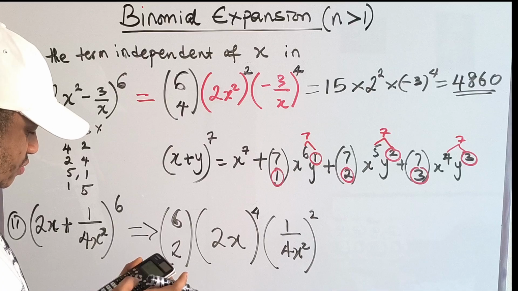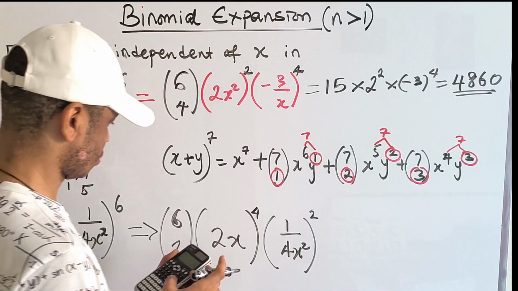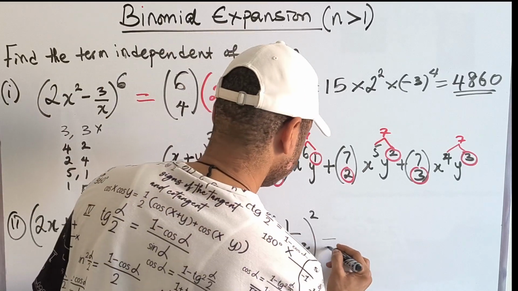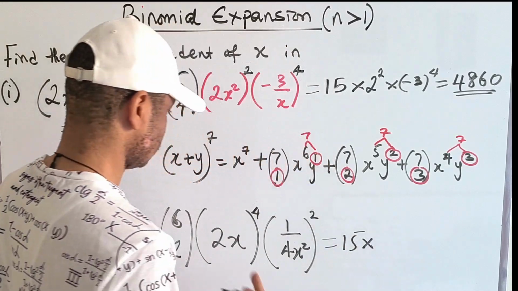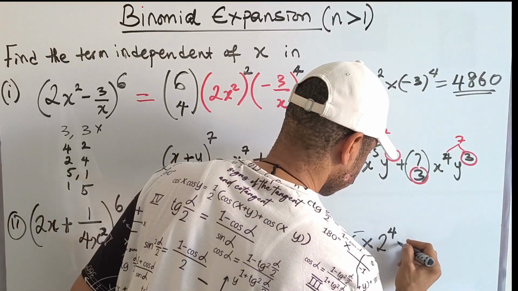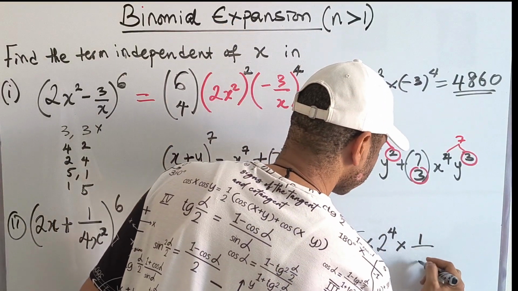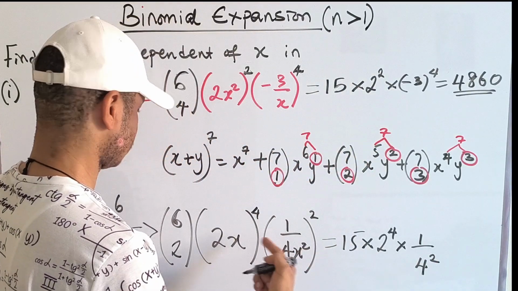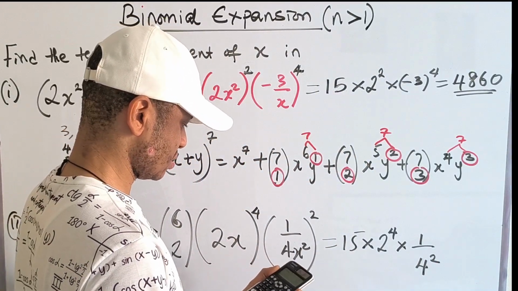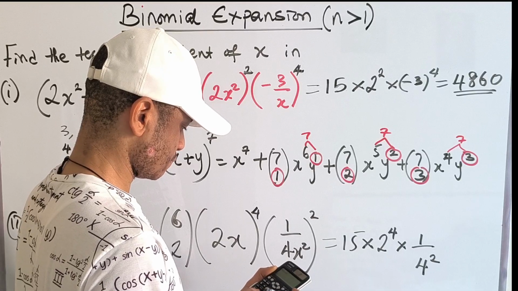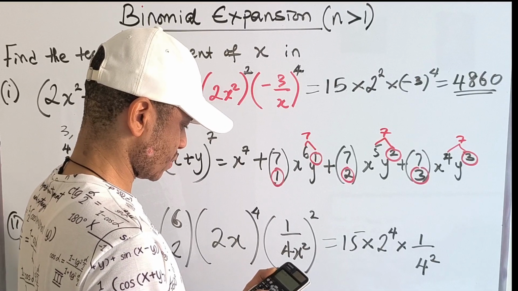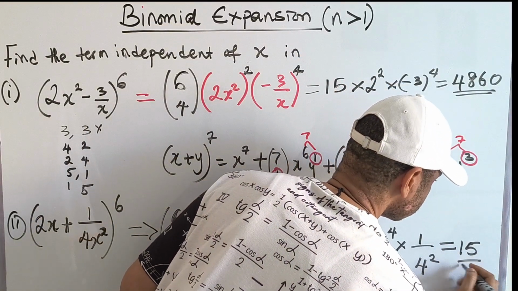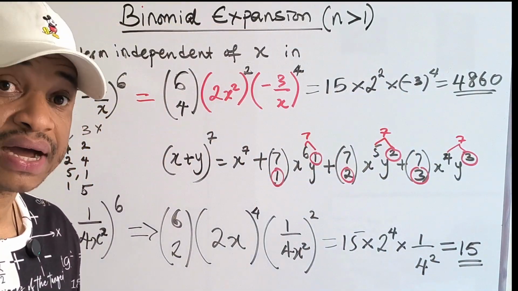So 6C2 is 15 times 2 to the power of 4 times 1 over 4 to the power of 2, because they cancel, right? So that is 15 times 2 to the power of 4 divided by 4 squared. So these are my answers.